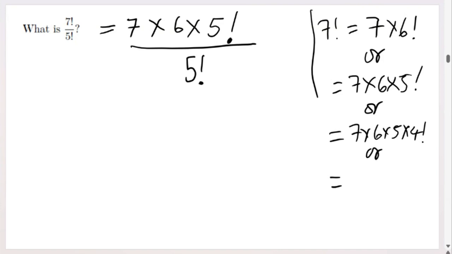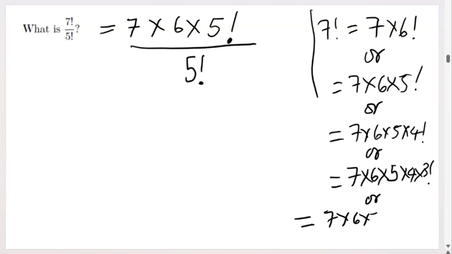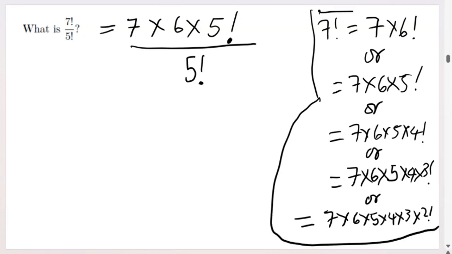Or it can be 7 multiplied by 6 multiplied by 5 multiplied by 4 multiplied by 3 factorial, or 7 multiplied by 6 multiplied by 5 multiplied by 4 multiplied by 3 multiplied by 2 factorial. It's really up to you where you want to stop. You are being guided by the denominator if it's a fraction, because you want to simplify where you can cancel out.